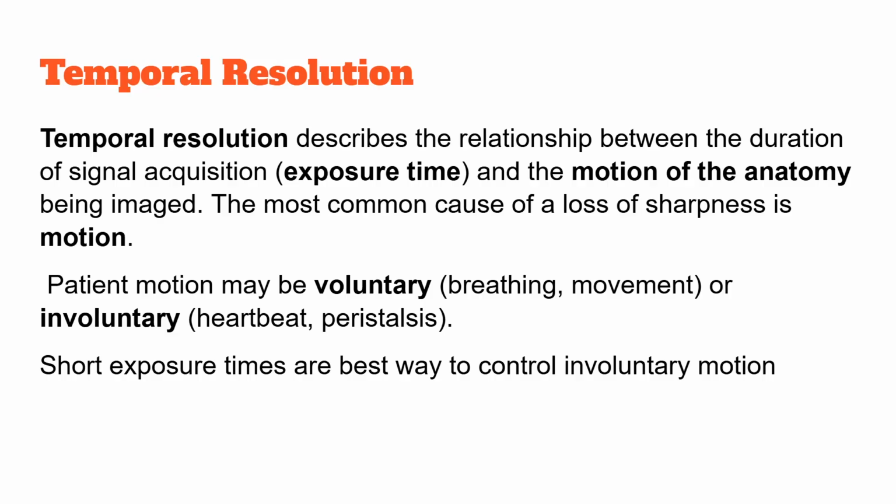Motion can be in a multitude of different ways. It can be voluntary, they're choosing to breathe, they're moving on their own, or it can be involuntary, such as the heartbeat or the peristalsis. Their intestines just doing normal intestine things. The best way to combat and kind of control involuntary motion is with short exposure times.